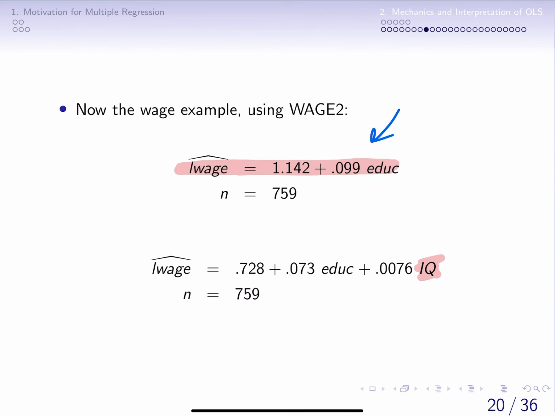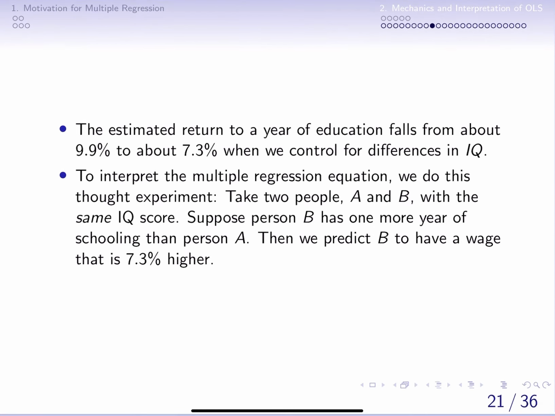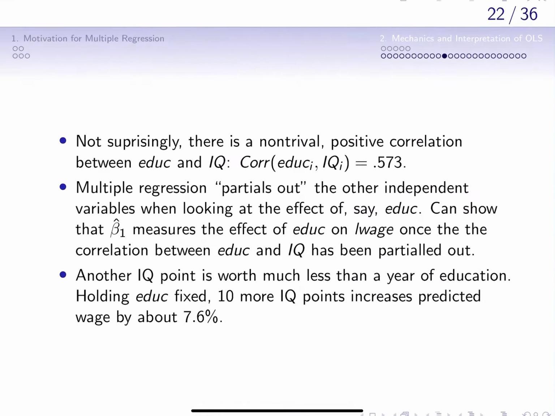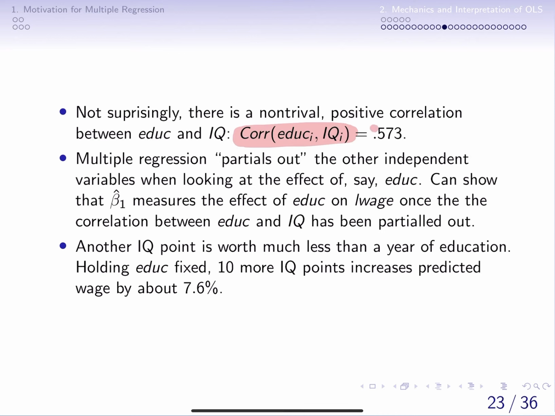But let's say we had this data and we ran this, then notice that as you start controlling for more variables, the coefficient on education decreased, right? So it became 7.3%. Okay. And you might want to look at the correlation between education and IQ. In that data set, this may or may not be true in other data sets, but at least in that data set, it was positive.